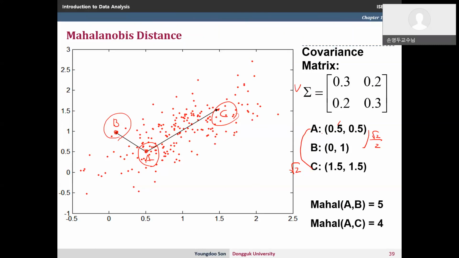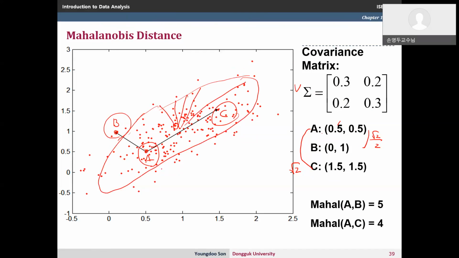However, if we consider the Mahalanobis distance, the data distribution looks like this, this long. So as we consider it as a circle, then the distance from the center to each end will be considered the same.